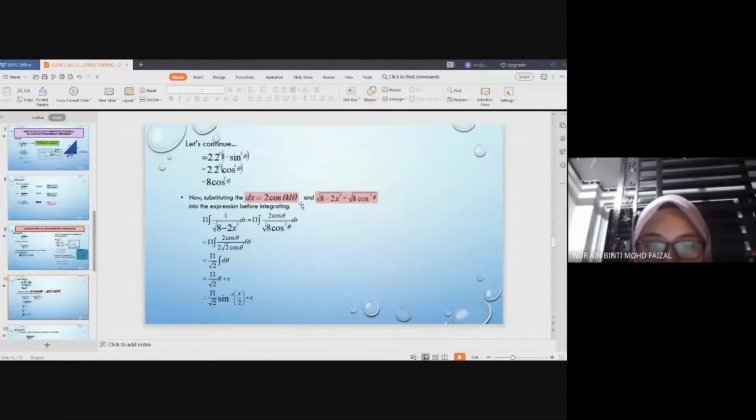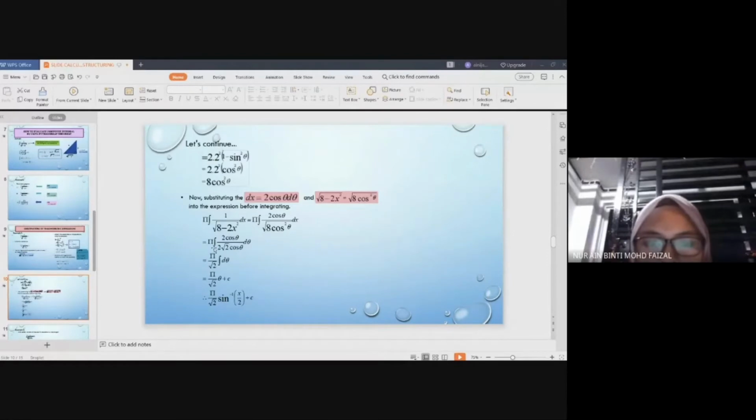Now, finally, you just substitute all the values you get, dx equal to 2 cos theta d theta, and square root of 8 cos squared theta, into the first equation, which is pi integral of 1 over square root of 8 minus 2x squared dx. You substitute dx with 2 cos theta d theta, and the denominator with this value.